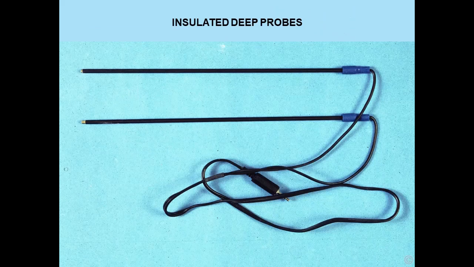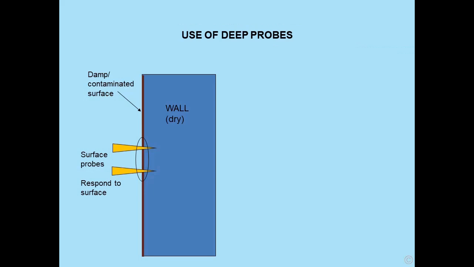We could, however, use insulated probes. These are simply plugged into the meter and they are insulated except for the very end where you can see to the left the electrodes are just protruding. Can be very useful. And the use of deep probes, here we have a wall that has a damp contaminated surface. The fundamentals of the wall are dry.